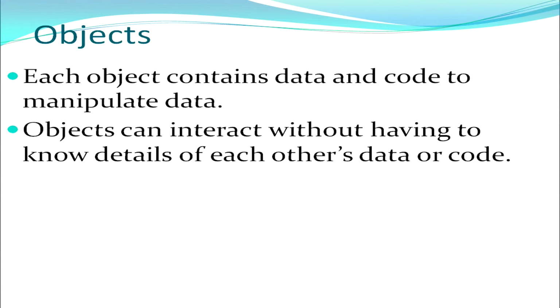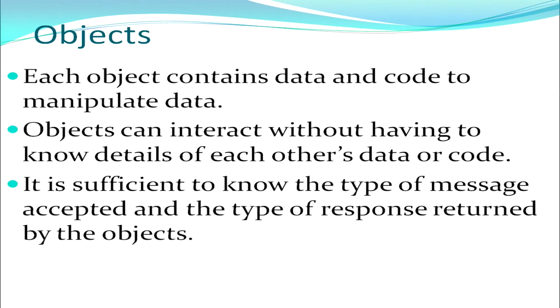Each object that I create need not know what the other object is having. It can interact with its data using its own functions. And it is sufficient to know just the type of message accepted and the type of response returned by the object. Each object, as I told before, is independent of each other. I need not know any other detail about that object.